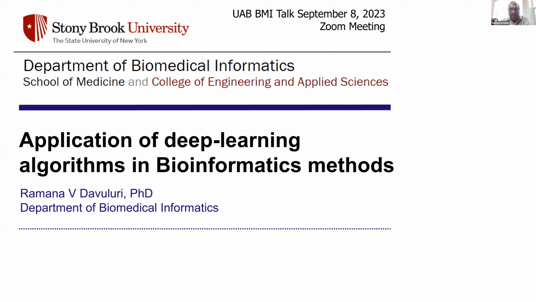Anyway, thank you, everyone. So today I'm going to talk about some recent methods our group has developed. Some of it was developed by my students at Chicago, and then we're continuing those after moving to Stony Brook.